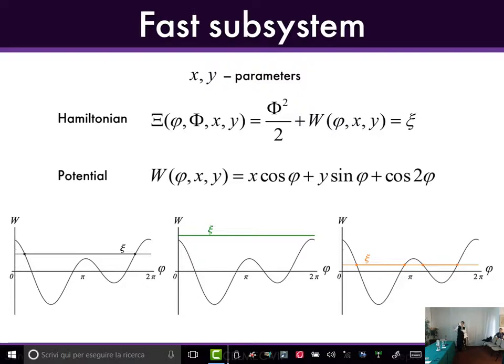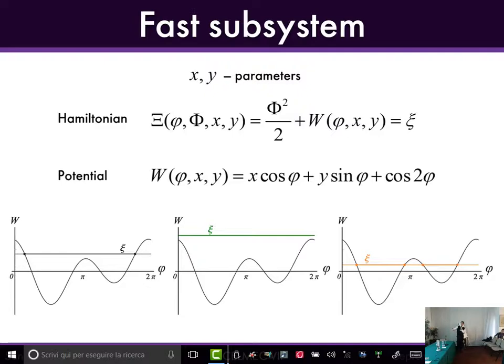For different relations between potential and Hamiltonian level, we can obtain three qualitatively different behaviors of fast subsystems. Thus, if the Hamiltonian level intersects the potential in 2 points, we have oscillation inside the potential well of the resonance angle.